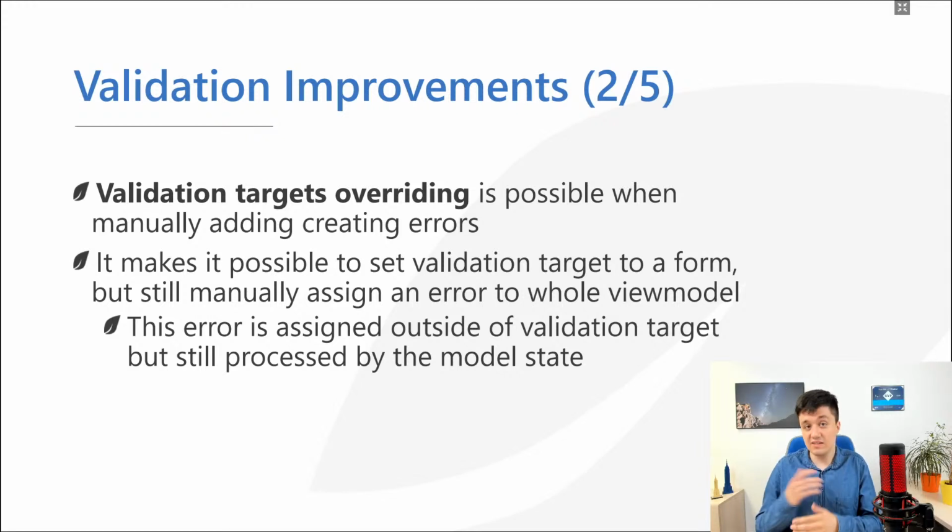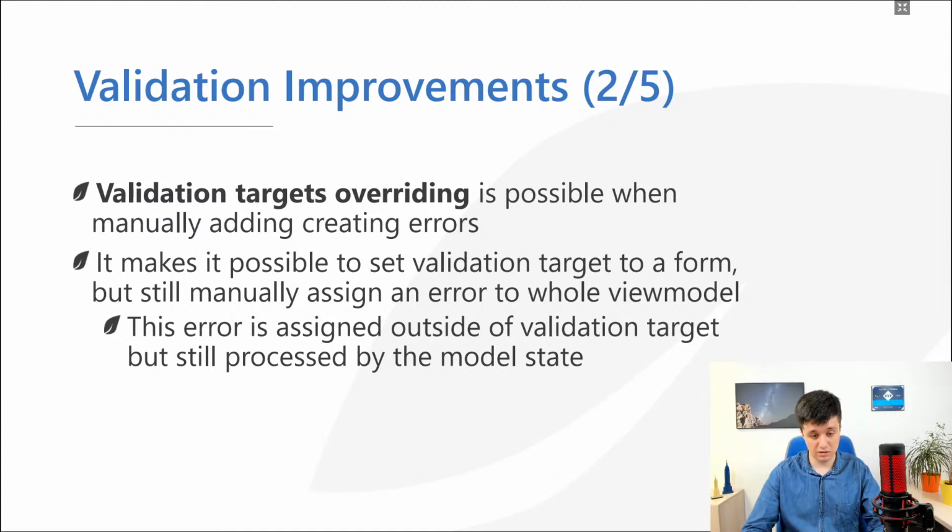So this doesn't break anything. The automatic validation is always respecting the validation target. But for example, if you decide that regardless of the fact that you have set a validation target you would really need to set also validation error, for example, to the root view model, you can do so since DotVVM 4.0 because this is also supported.